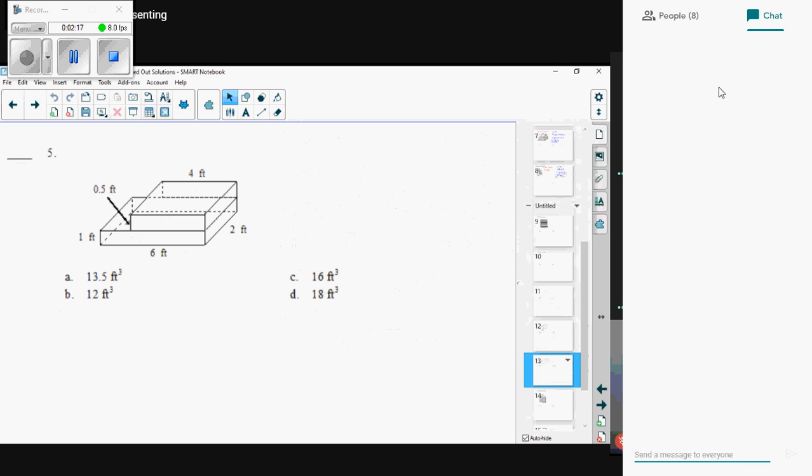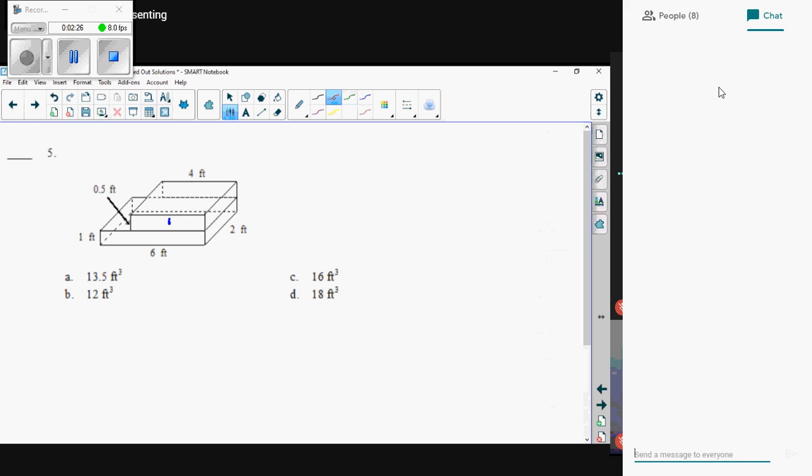Now when we start problems like this, I always like to start off with separating the figures into two parts. So we'll call this figure 1, and we'll call this figure 2, and both figures are rectangular prisms. We want to find the volume of the first figure, and that volume is going to be equal to the base area times the height. So for volume 1, the base area is going to be the length times the width, and that's what I highlighted there in blue.